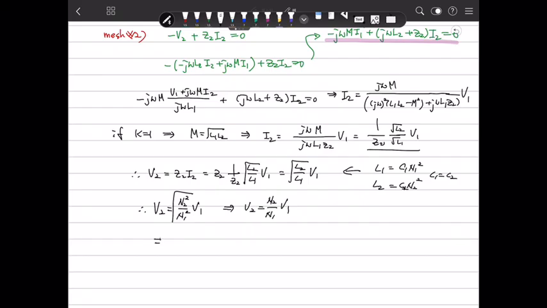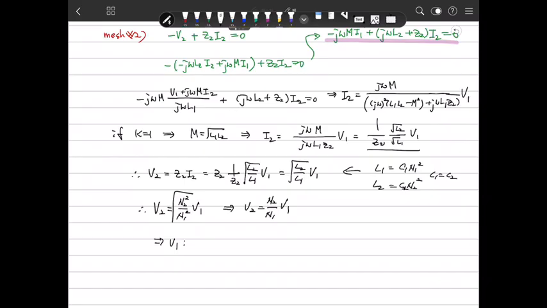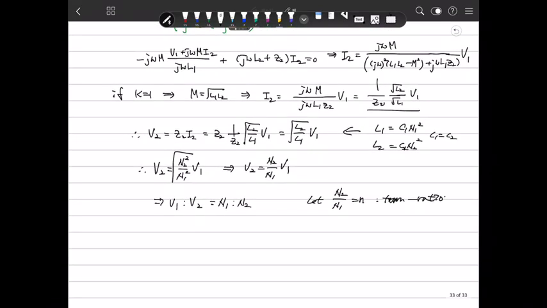So from that, V2 over V1 is N2 over N1. So let N2 over N1 define this N as the turn ratio. Then V2 is N V1.